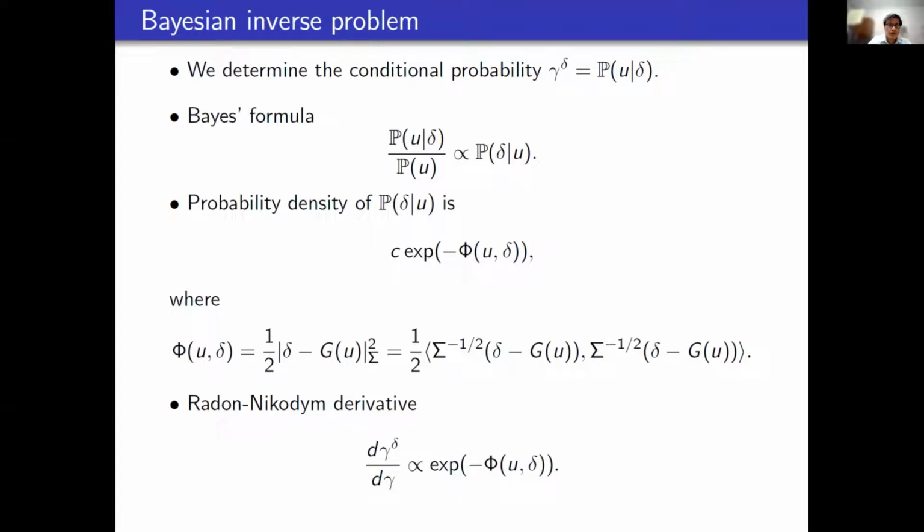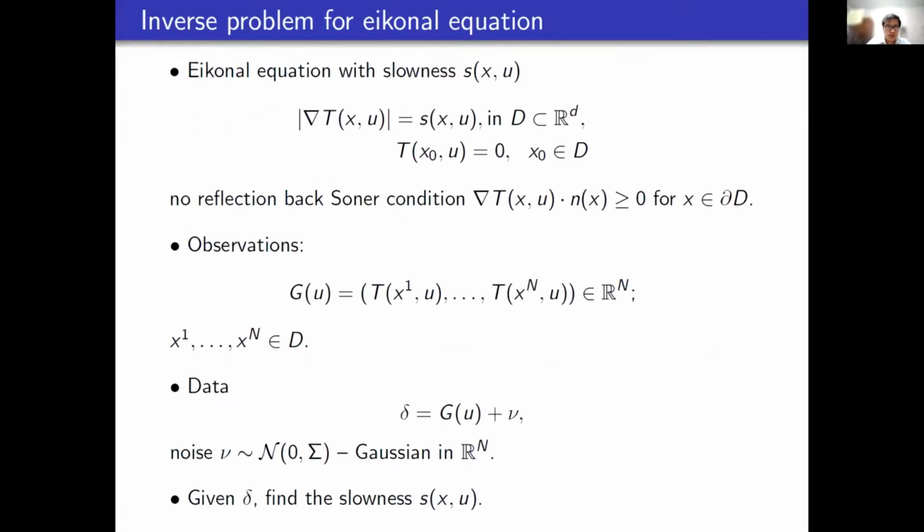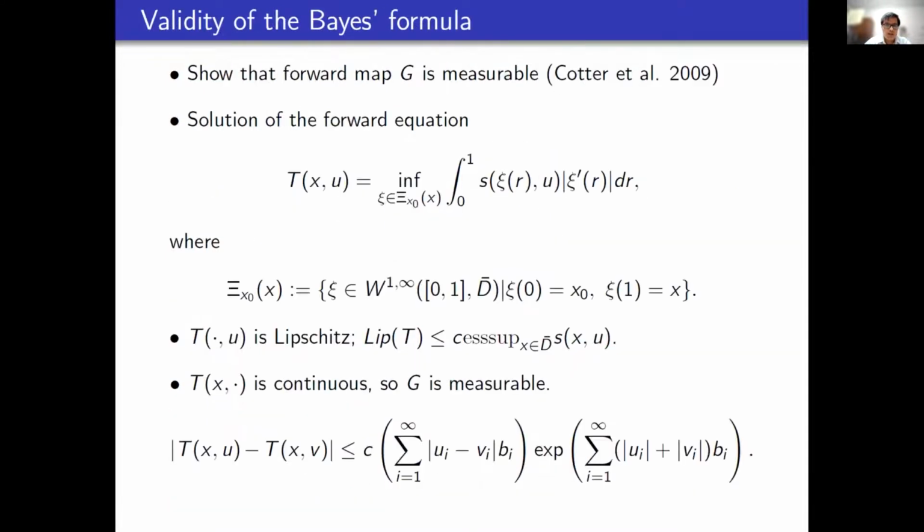In order to make sure that the Bayes rule holds, we need to show that the forward map G that you see here, that's a map from the probability space U to R^n, is measurable. That is in the paper by Cotter and others in 2009.